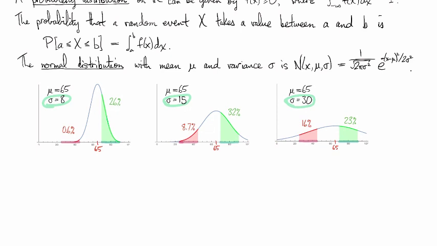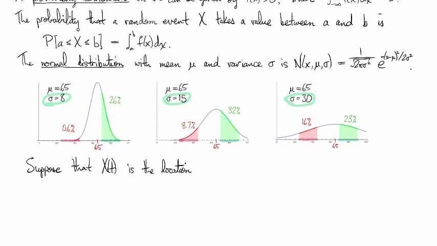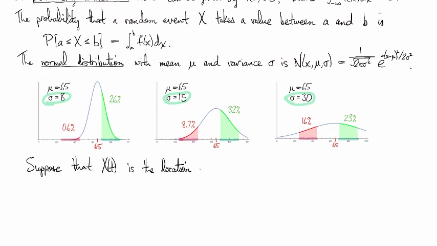So we're going to be looking at the idea of a random walk. Suppose that x of t is the location of a random walker, the location of a randomly moving particle at time t.